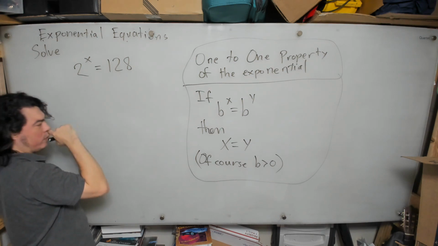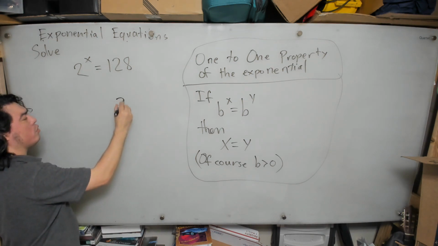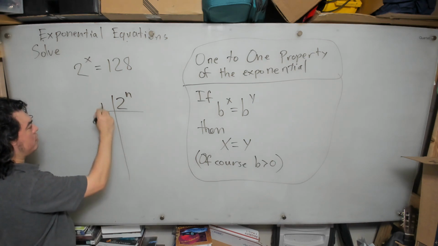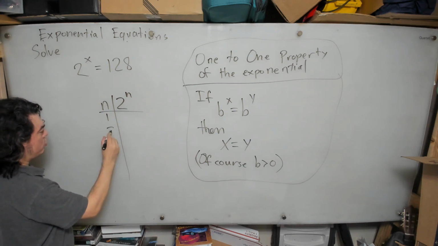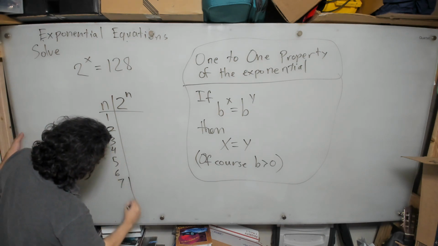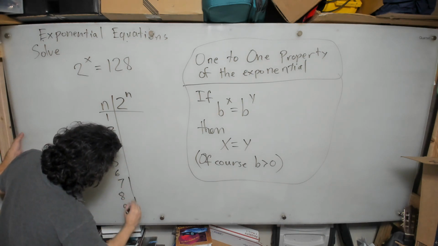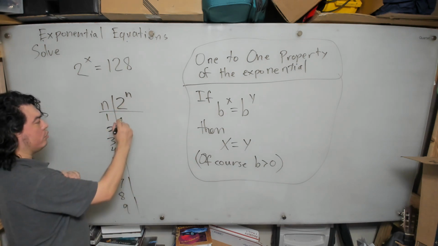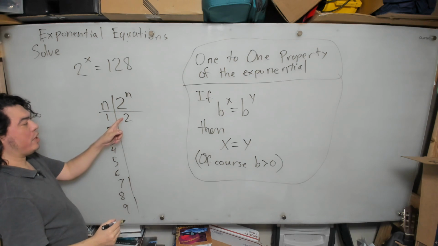Okay, so let's say 128. Let's say I have 1, 2, 3, 4, 5, 6, 7, 8, 9, right? So I know 2 to the first power is 2. And then how would I get 2 to the second power?